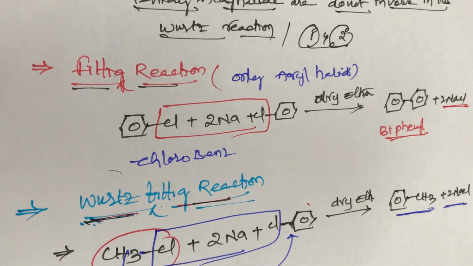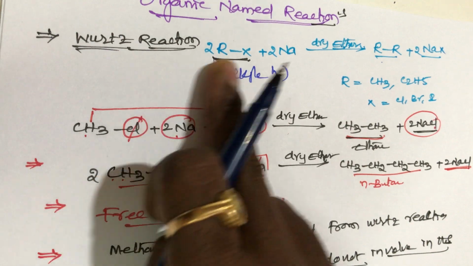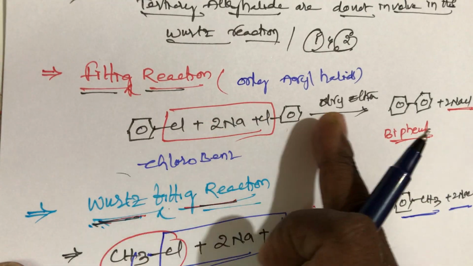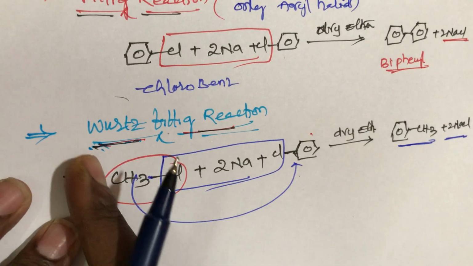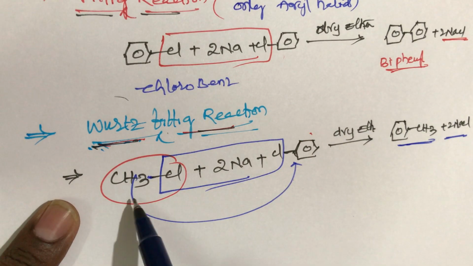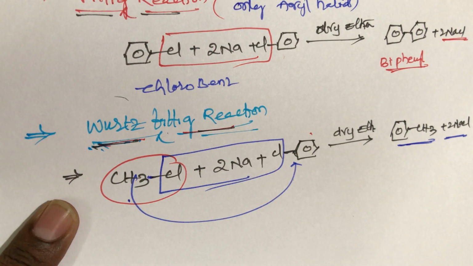In the Wurtz reaction only alkyl halides are involved. In the Fittig reaction only aryl halides are involved. In the Wurtz-Fittig reaction both are involved, that is 1 mole of alkyl halide and 1 mole of aryl halide.